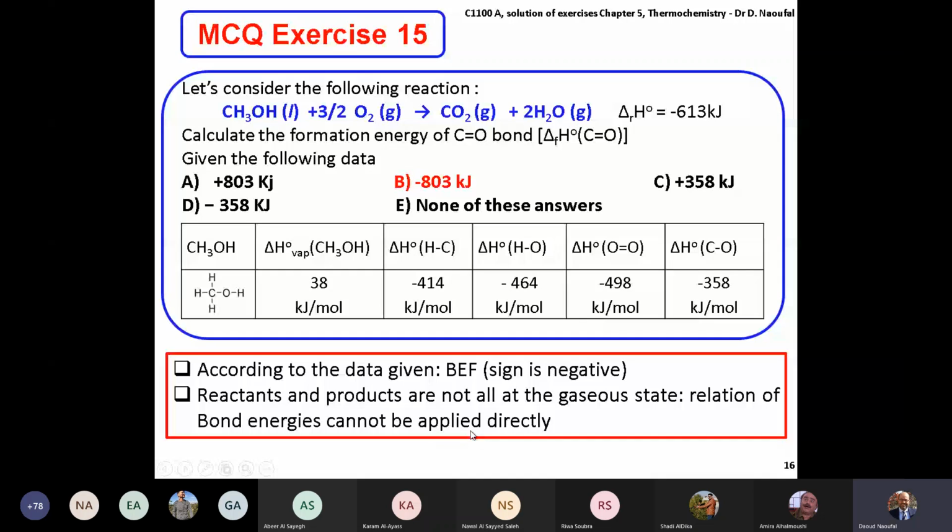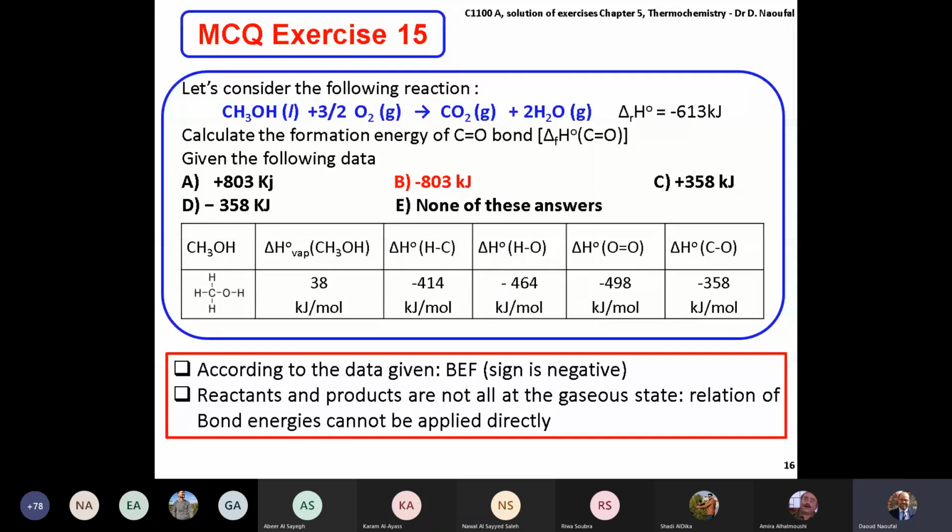So what to do? In this type of exercise, we have a mixture of thermodynamic data. We don't have one type. So we don't have, for example, equations to apply only the algebraic method.